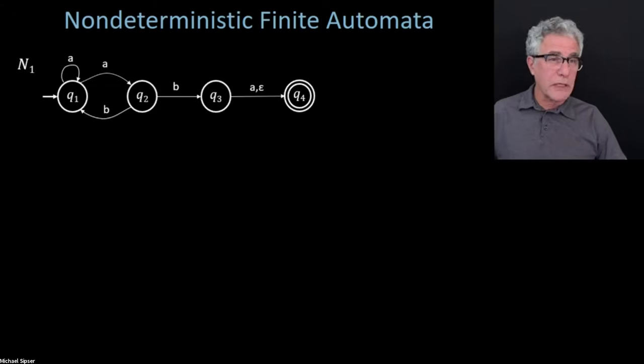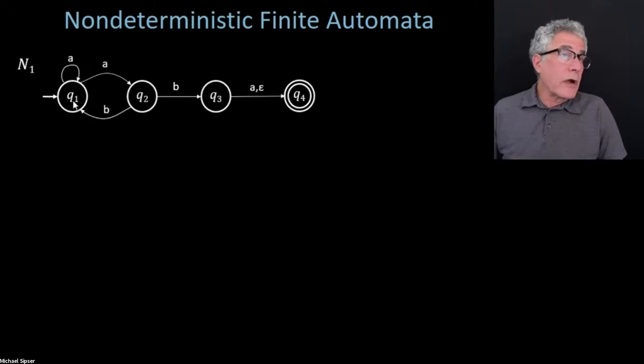The most important difference is that in state Q1, for example, whereas in the machines that we introduced last time there had to be exactly one way to go on each possible input symbol, so you knew how to follow along through the machine as it's computing, here there are two ways to go. In Q1, you can either stay in Q1 or you can go to Q2. That's the essence of nondeterminism. There could be many ways to proceed.